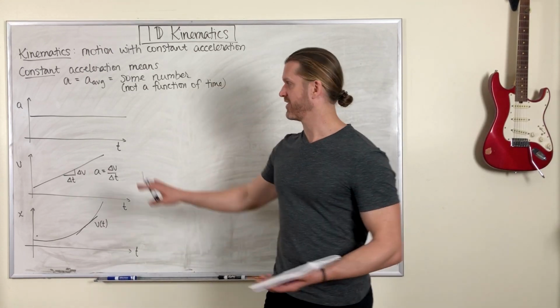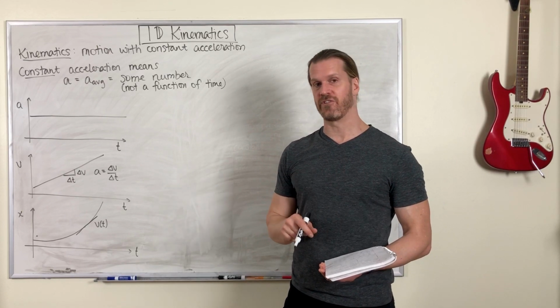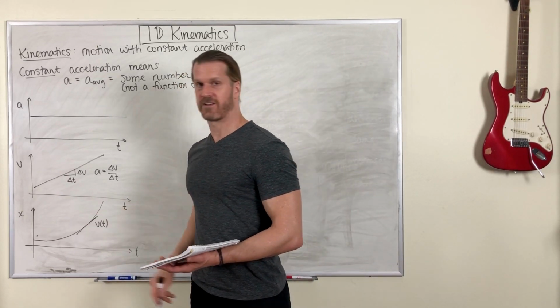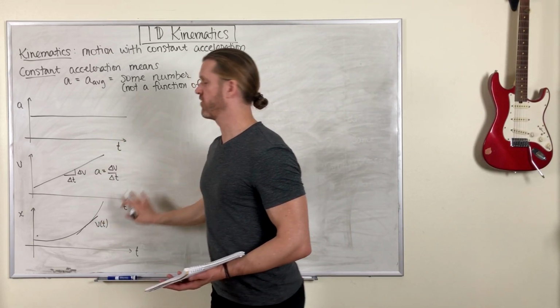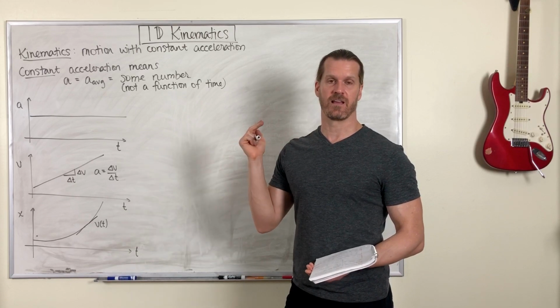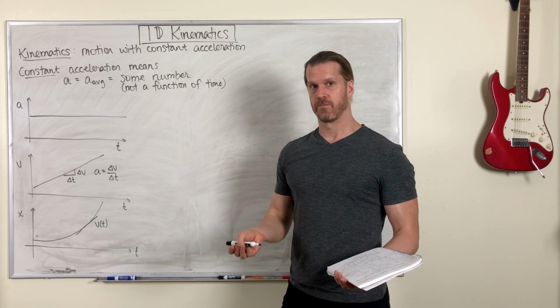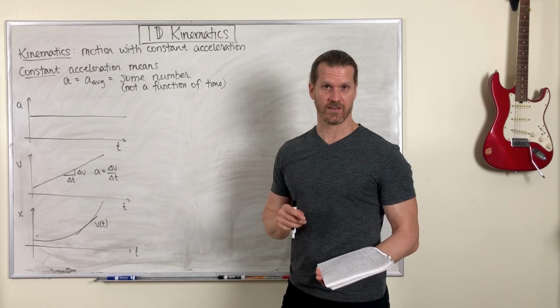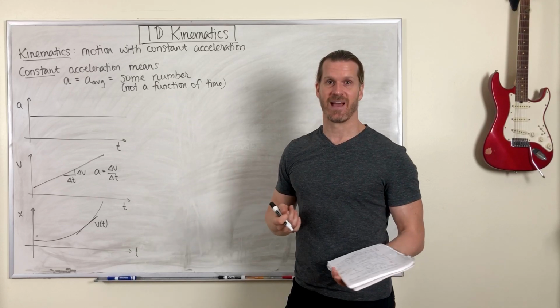And you can take that one level further and look at the position versus time. That will look like a parabola. So these are the general shapes of acceleration, velocity, and position that are always true when you have constant acceleration, or when you're in this situation of kinematics.